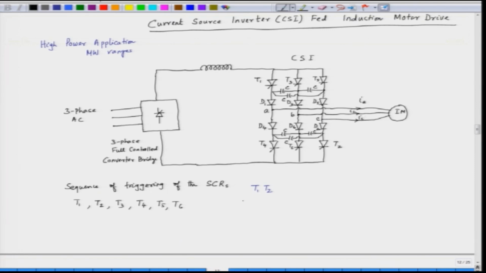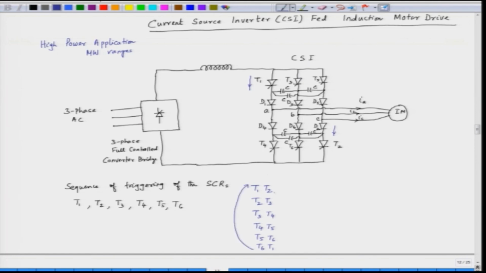When T1 and T2 are conducting, the current will flow like this and will return back through phase C. And after that we have T2 T3, T3 T4, T4 T5, T5 T6, T6 T1 and the sequence repeats. Again we have T1 and T2.